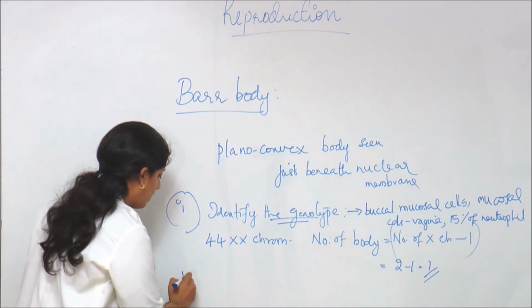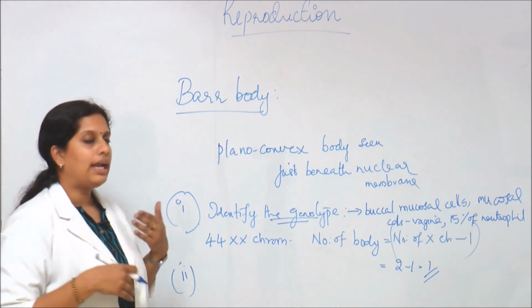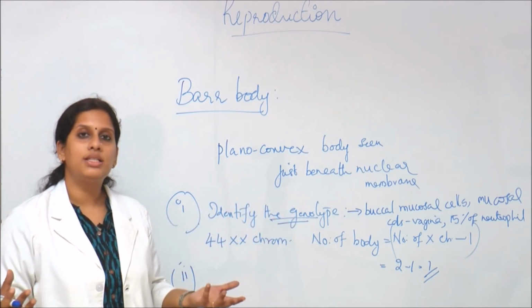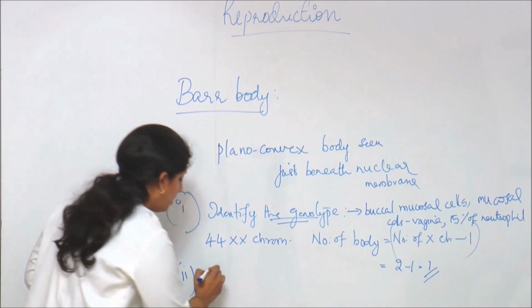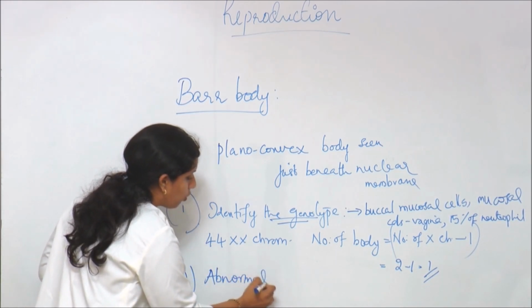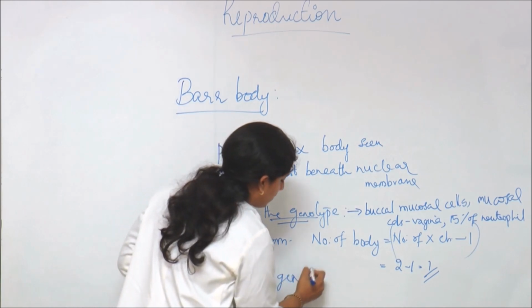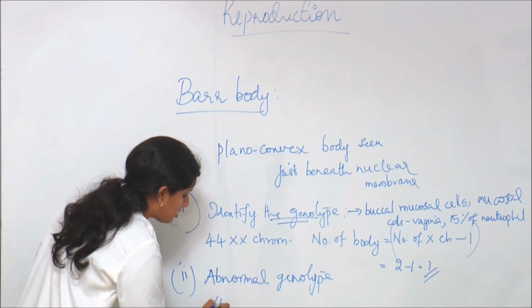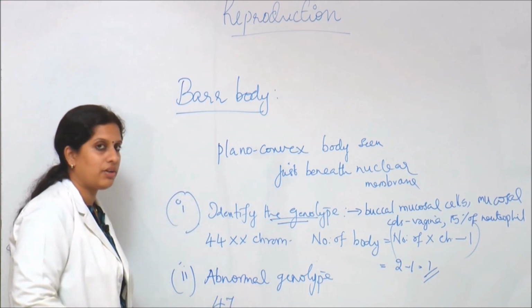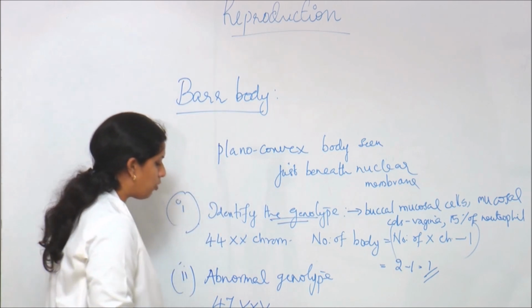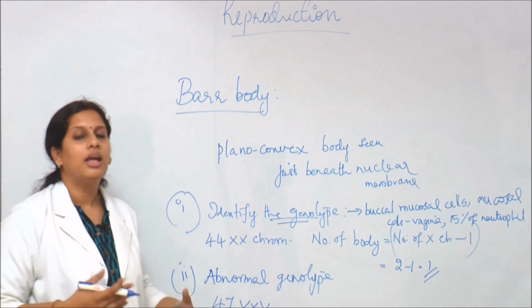So the second important point, in addition to determining the genotype, it can also detect the abnormal genotype. For example, in conditions in which the person has 47 chromosomes, 44 XXY. Y means they are actually male.